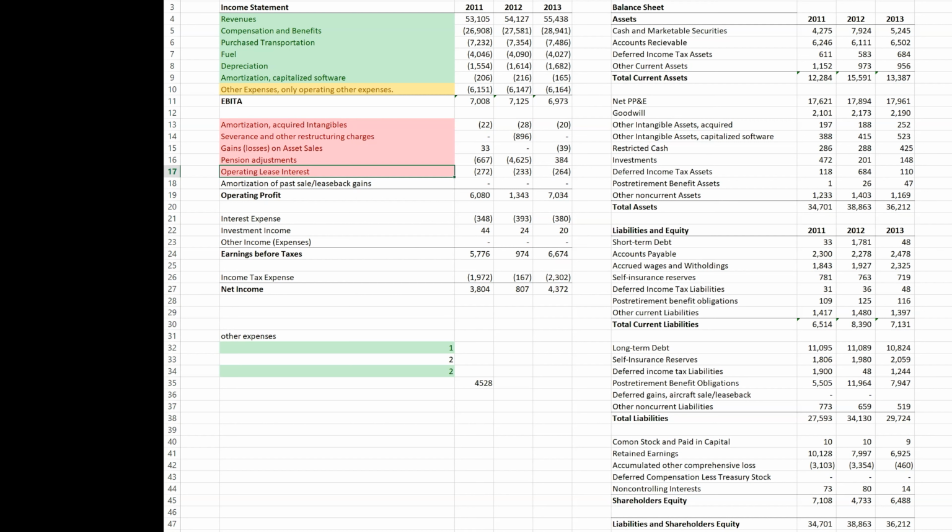So what they did is they sold the plane. They used the proceeds of the sale to pay off the loan that they owed on the plane. But then, because they still needed to use the plane, they leased the plane back from the buyer. This is called a sale leaseback. So you sell the asset and then rent it. You lease it from whoever you sold it to.